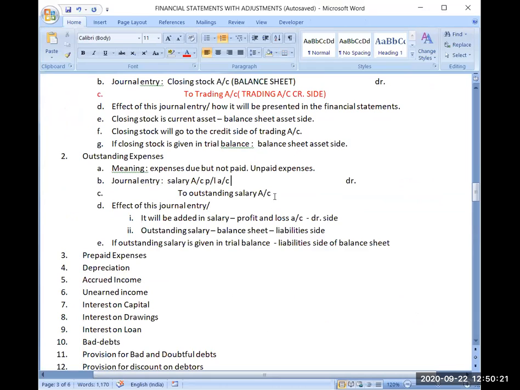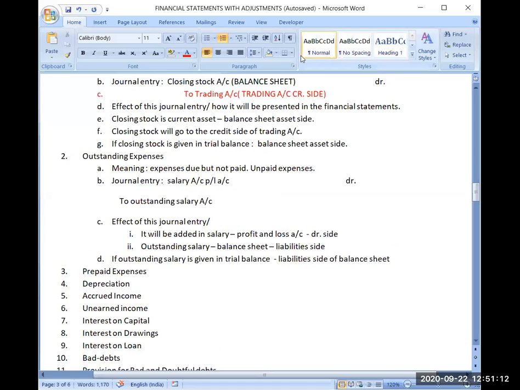Now coming to the second part, outstanding salary. Outstanding salary is which type of account? Yes, it is a personal account. So first, in which of the financial statements do you write a personal account?